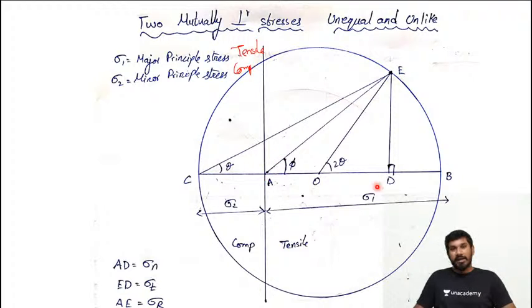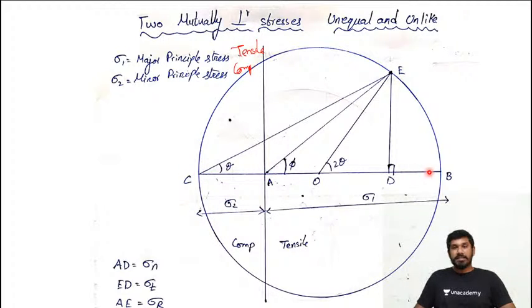Distance AB represents sigma 1, the major principal stress, and it is tensile. From the origin we are drawing to the right-hand side. Sigma 2 is compressive, so from the origin we are drawing to the left-hand side. So AC represents the minor principal stress.